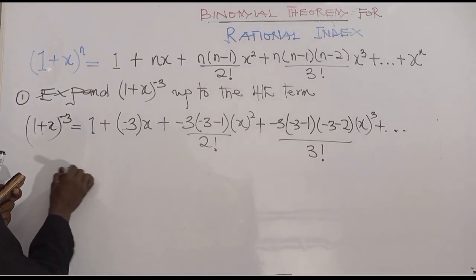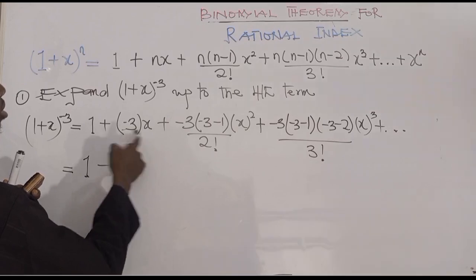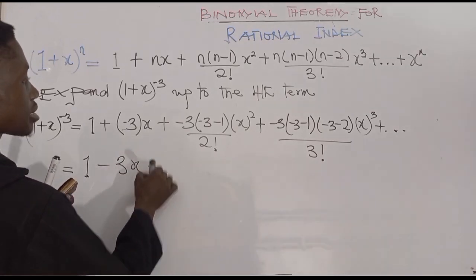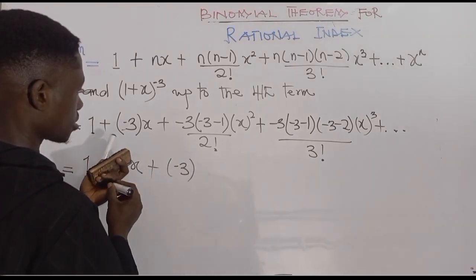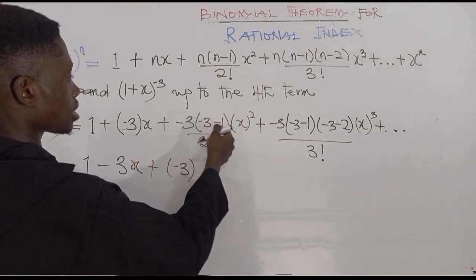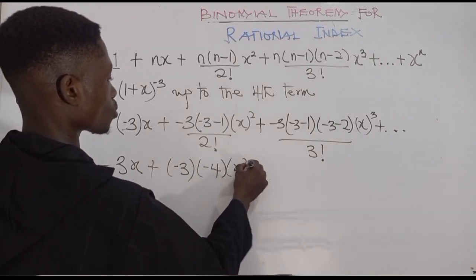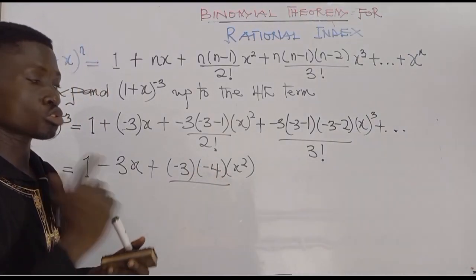So let's simplify. We have 1. This is going to give us minus 3x. We have plus, this is going to give us minus 3, this also giving us minus 4, and then we have x squared, all over 2 factorial, which is the same as 2.